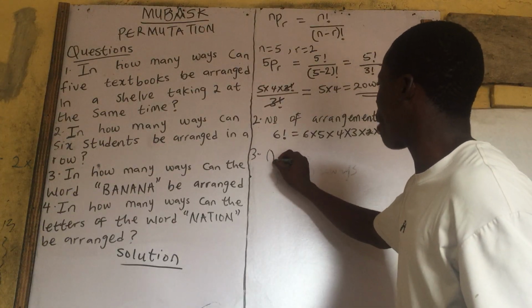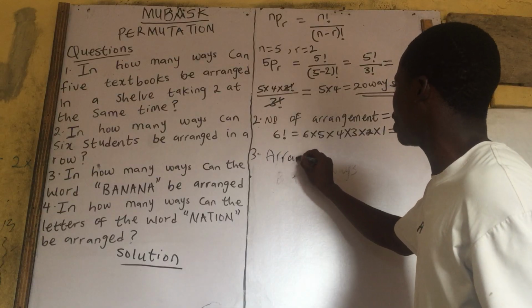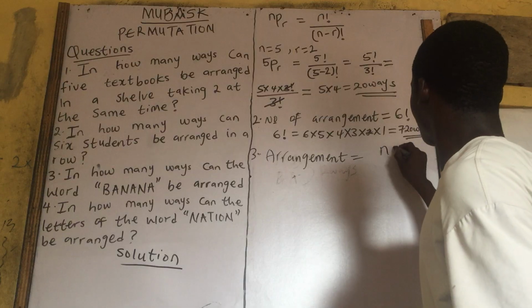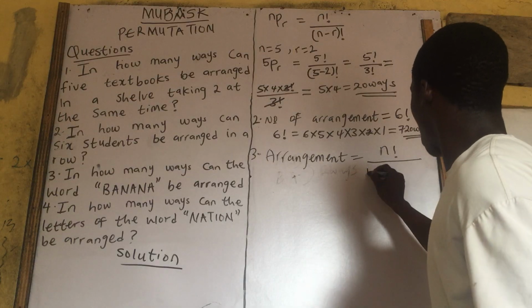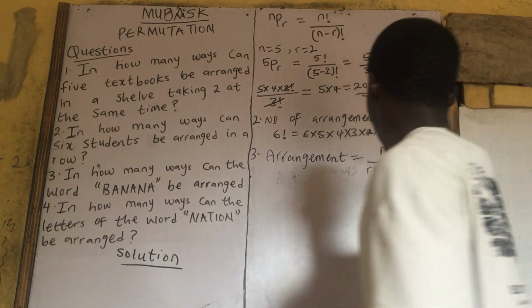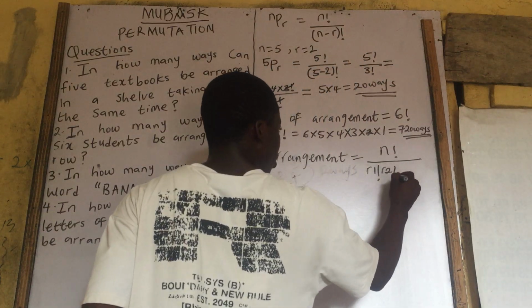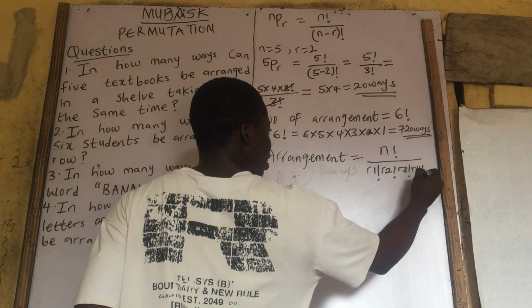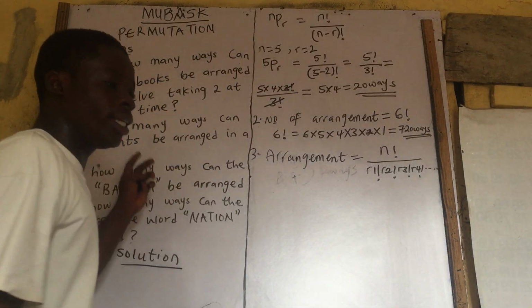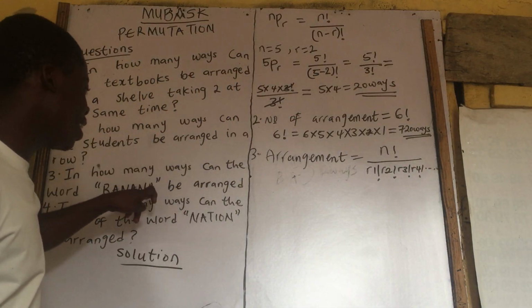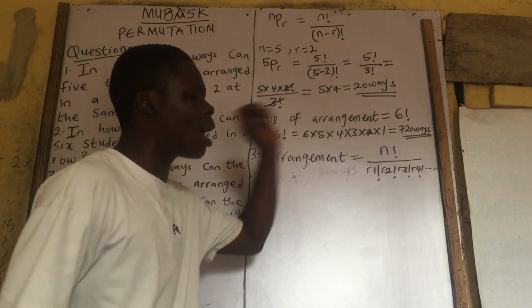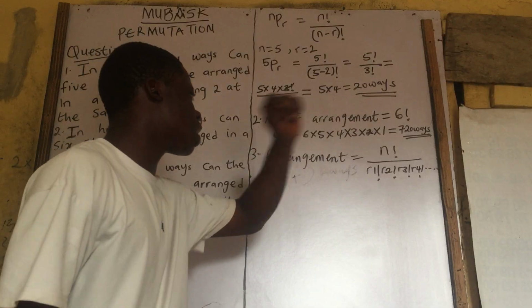But we need to apply the formula. We say arrangement equals n factorial divided by r1 factorial, r2 factorial, r3 factorial, r4 factorial. It depends on the number of letters in that word. But how do we determine our n and how do we determine our r?